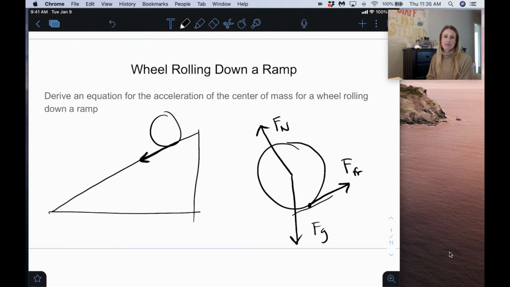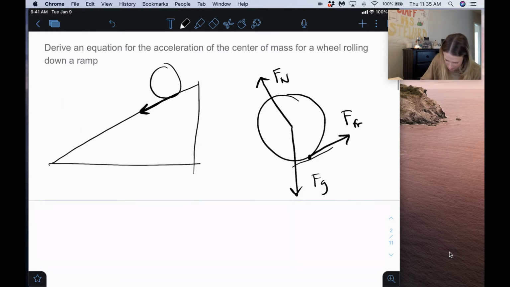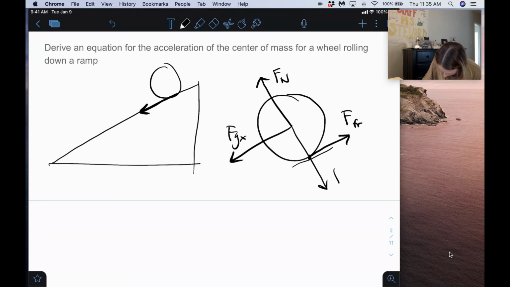Now, of course, we have to split up this force of gravity into X and Y components. I'm just going to erase this and draw it right onto here. We end up getting force of gravity in the X direction, and then force of gravity in the Y direction.